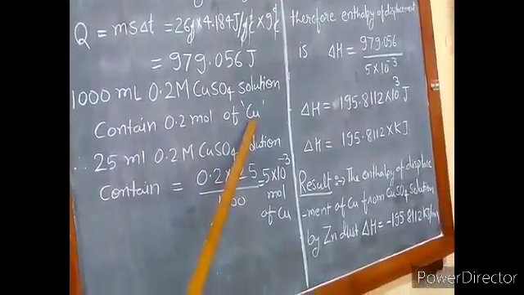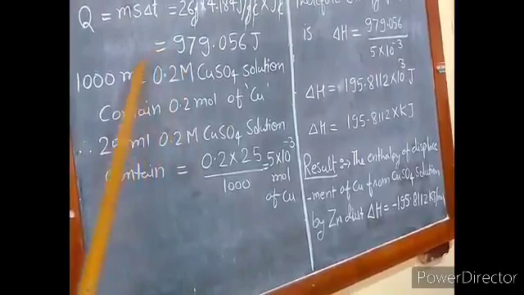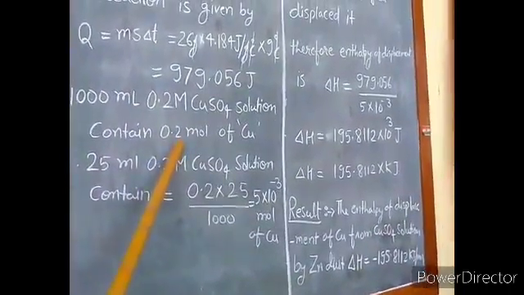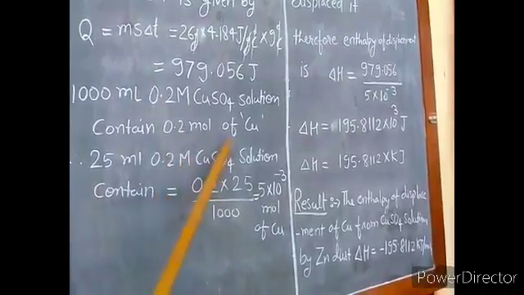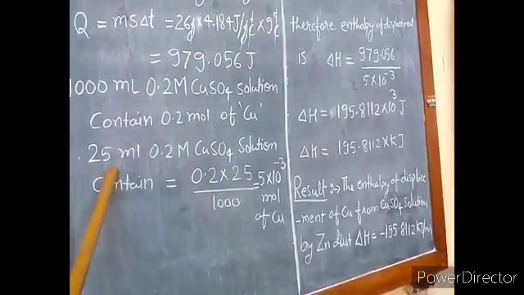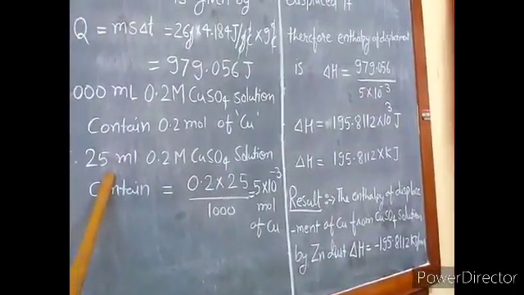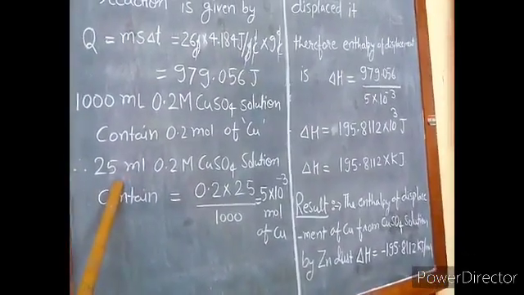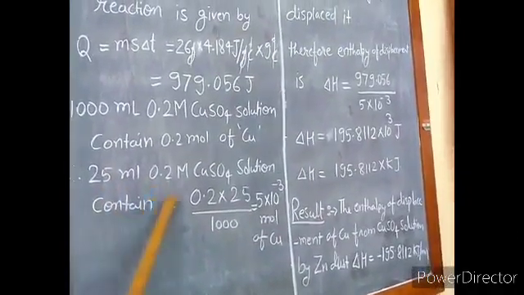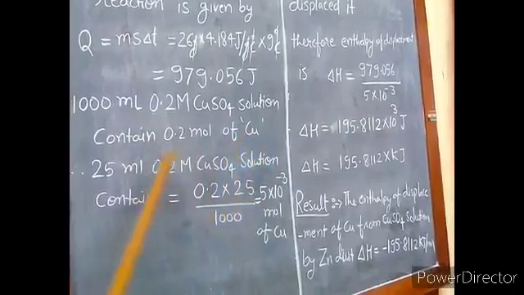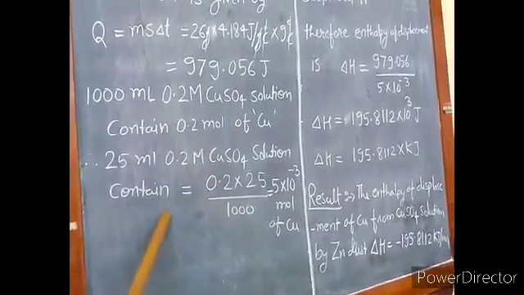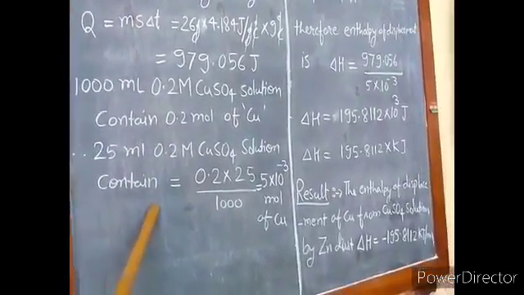But actually during the performance of practical we have taken only 25 ml of 0.2 M copper sulfate solution. So how many moles of copper does 25 ml of 0.2 molar copper sulfate solution contain, that we are going to calculate.